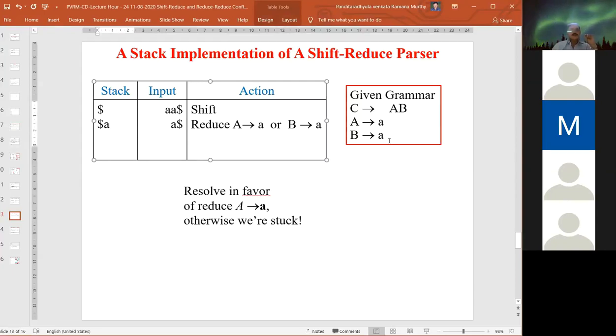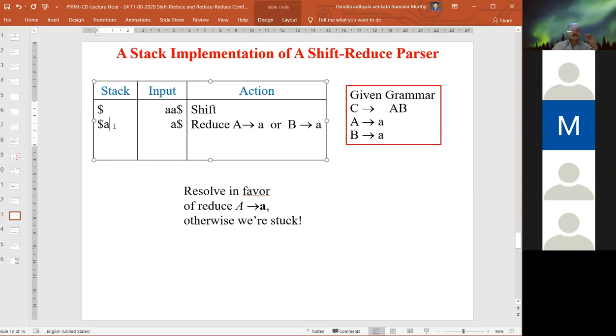Definitely, we can use a shift action, but we can do a reduce operation also. Even with the reduce operation, you can replace a with non-terminal A, or we can replace it with non-terminal B. What happens if you reduce with B?